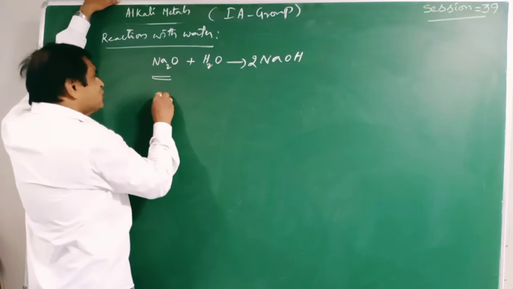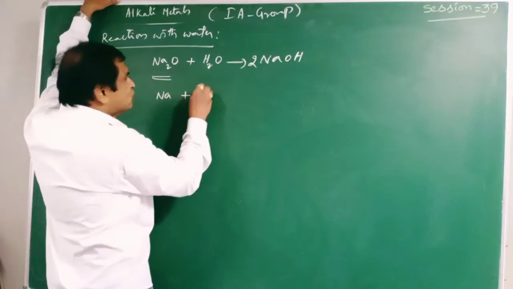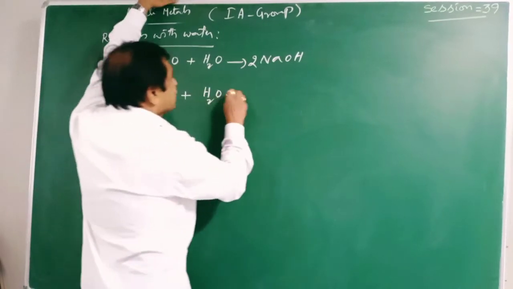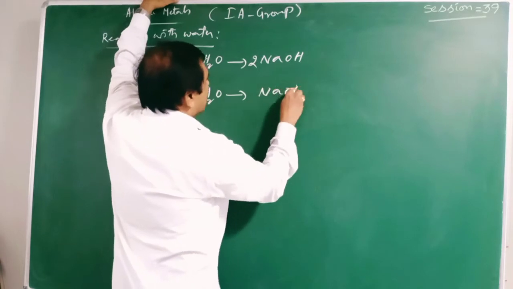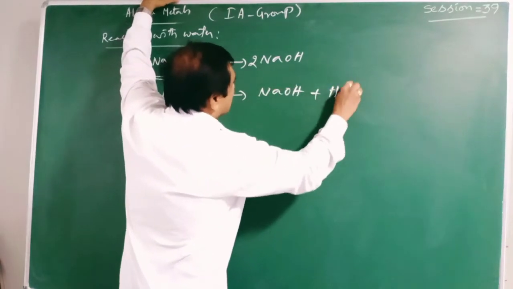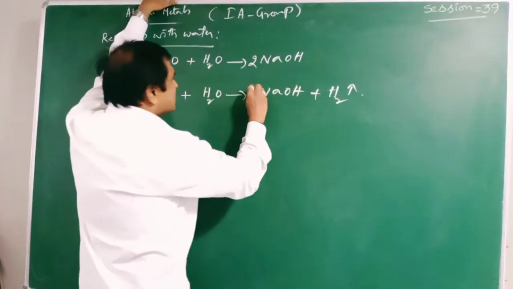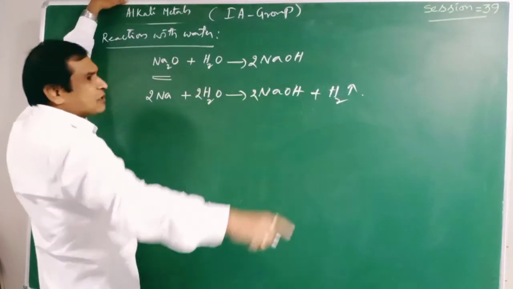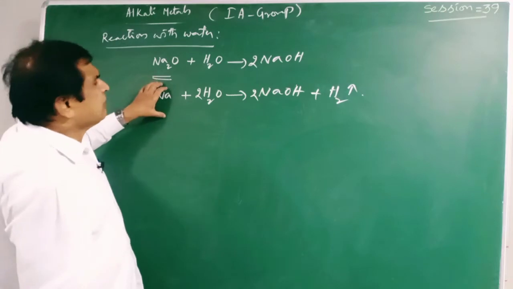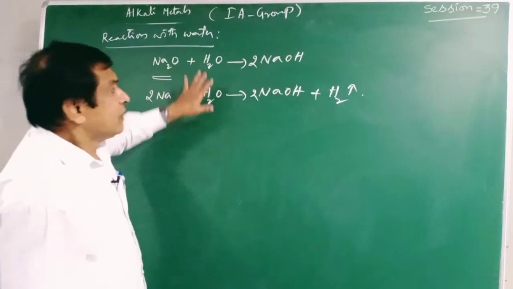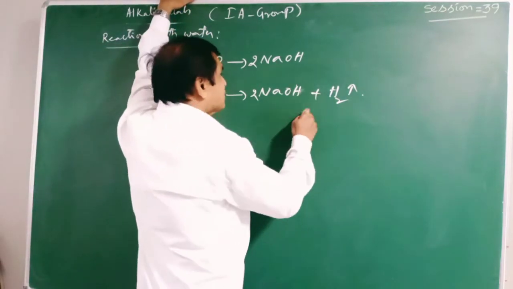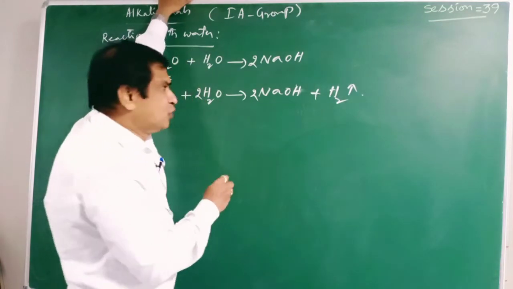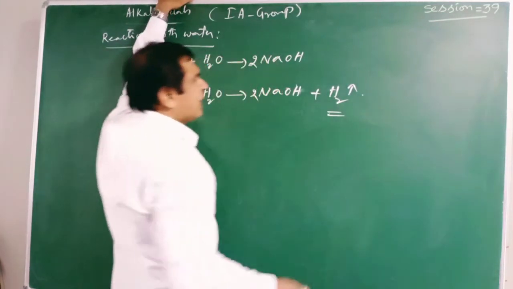Suppose sodium metal is dissolved in water, then it forms sodium hydroxide and liberates hydrogen gas. Balance it with a 2. When an alkali metal dissolves in water, the reaction is highly exothermic and explosive and liberates hydrogen gas.